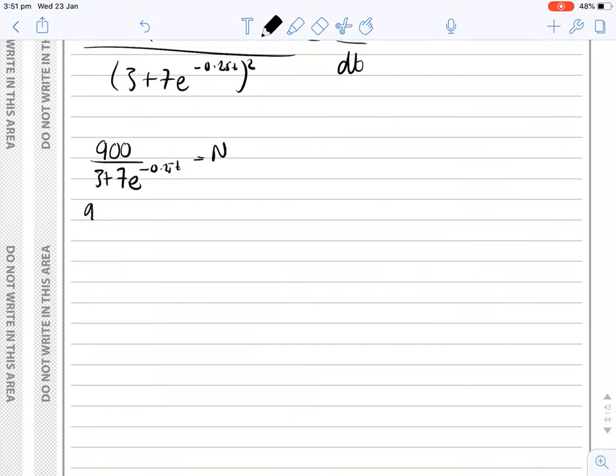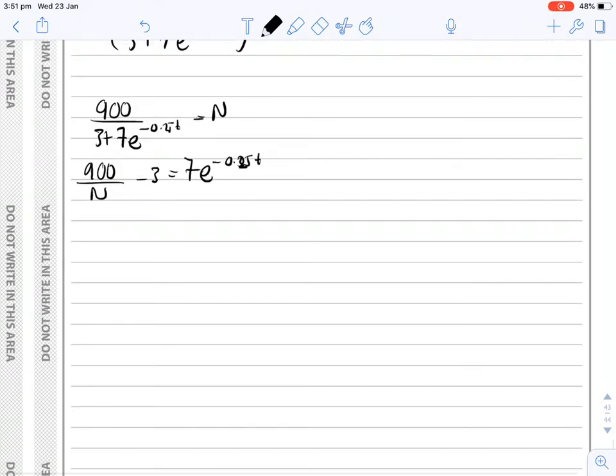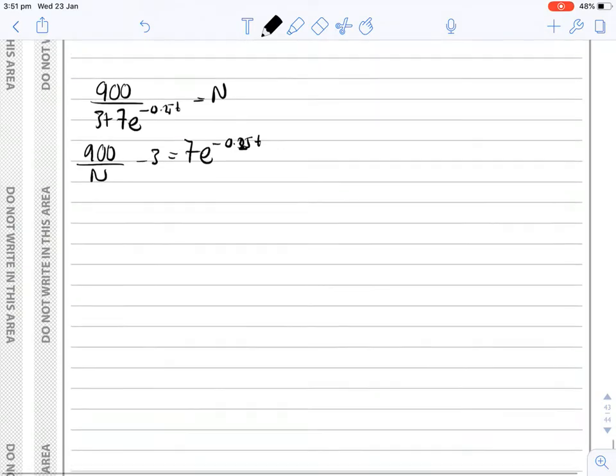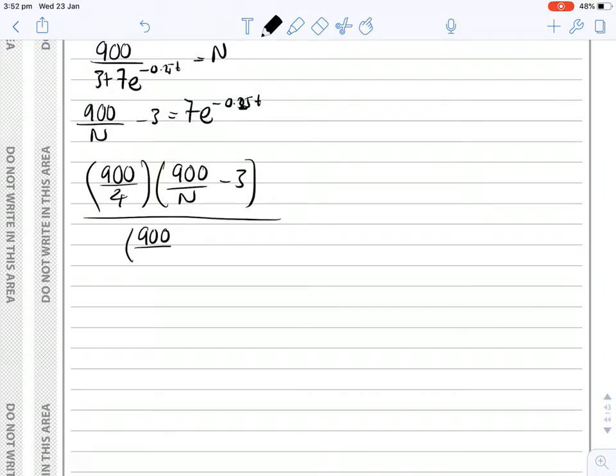So therefore 900/n - 3 is going to be equal to 7e^(-0.25t). And so subbing that in will give us a value of 900/4 multiplied by (900/n - 3) all over (900/n) squared.